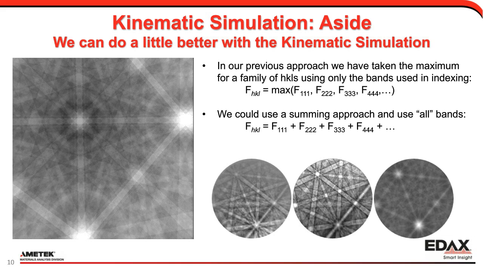Yeah, it looks a little better, but compared to the dynamic simulation, it's nowhere near as good, especially the band intensities. And it also doesn't capture the detail around the zone axes nearly as well. So while we can make it look a little prettier, it doesn't really help us in comparing against experimental.